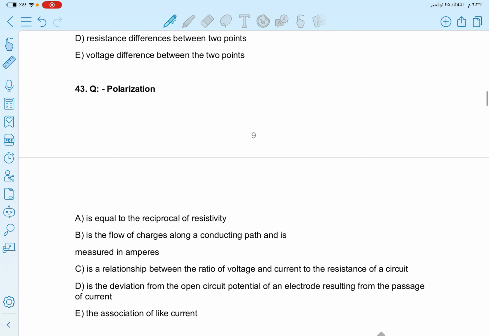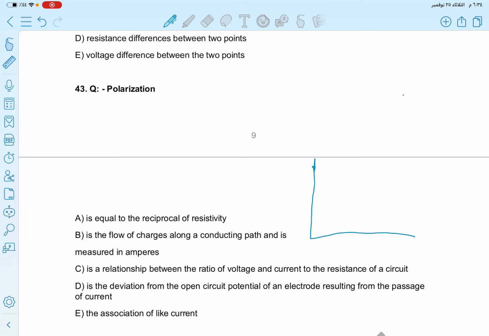And the last question, polarization. Actually, I will explain it here. For the polarization, you choose the correct answer. Okay, what's the polarization?